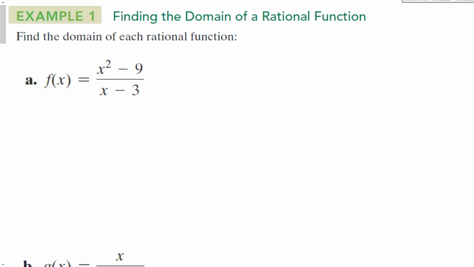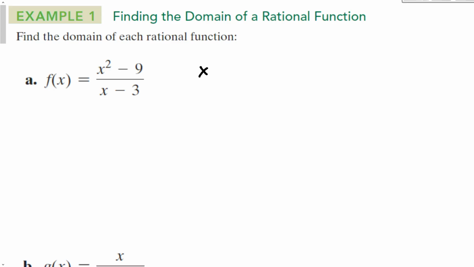Okay? So first, find the domain of each rational function. We're going to write the domain in two ways. We're going to use set builder notation, and we're going to use interval notation. So the domain here, well, first I need to factor the denominator. It is factored. Okay?